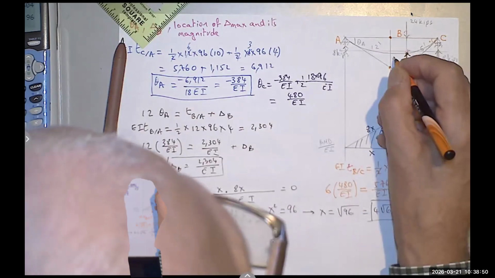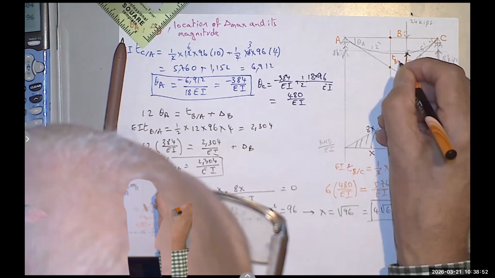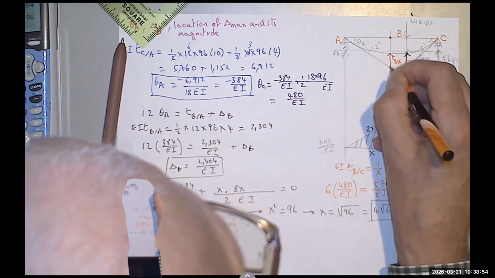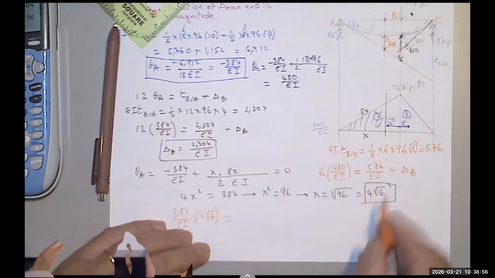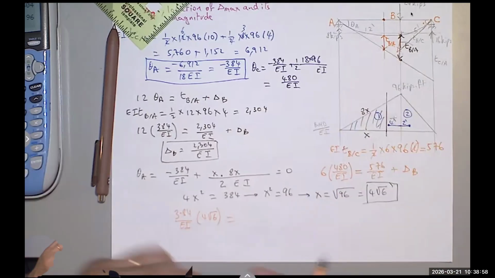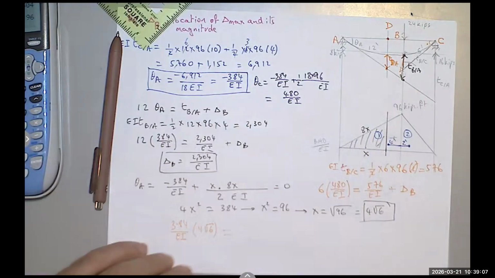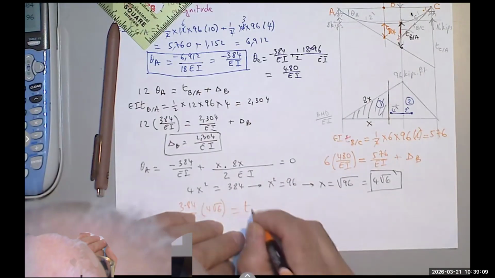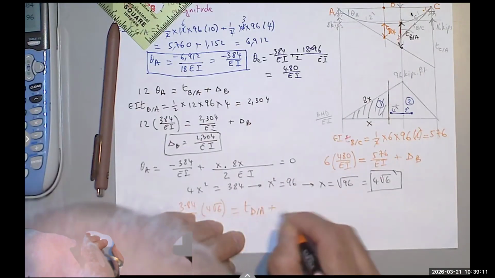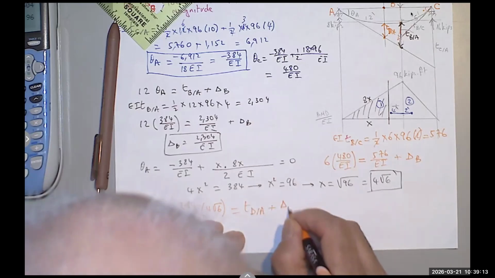I also need to find TB with respect to A and then subtract it to get delta max. Let's call this point D, for example. So it equals TD with respect to A plus delta D, which is delta max.